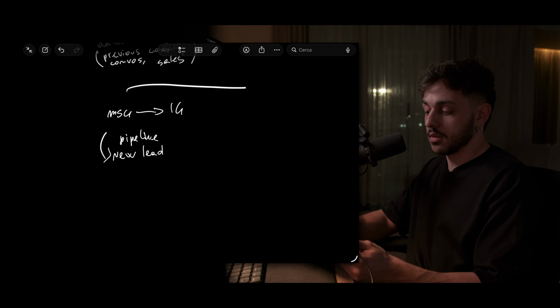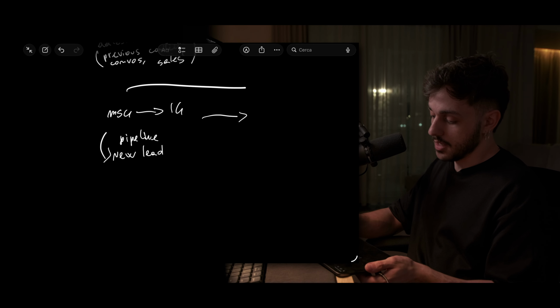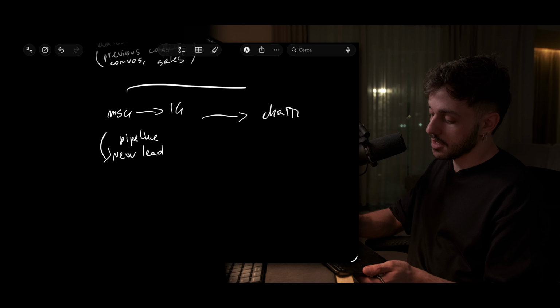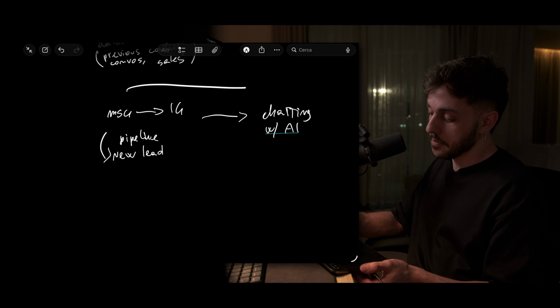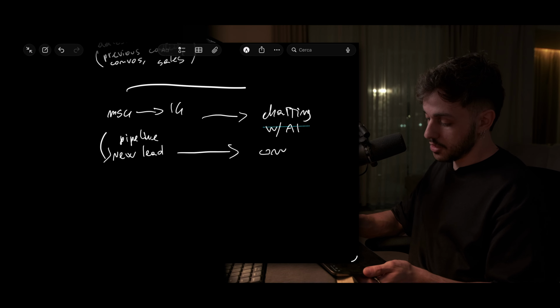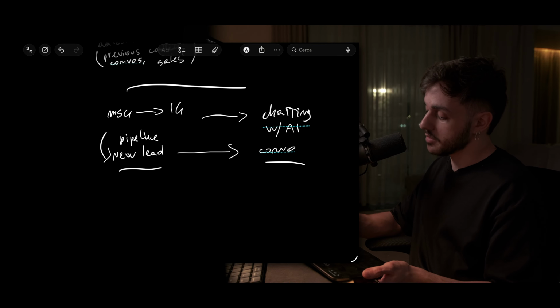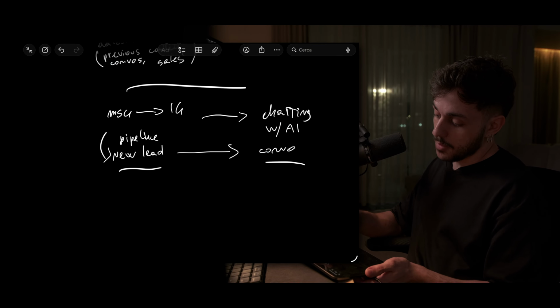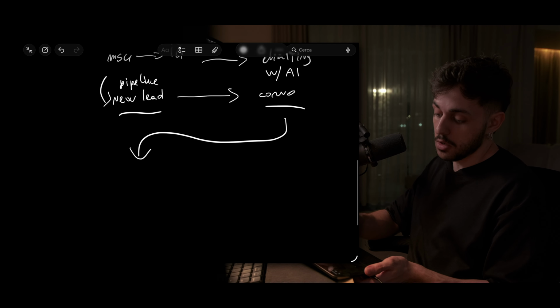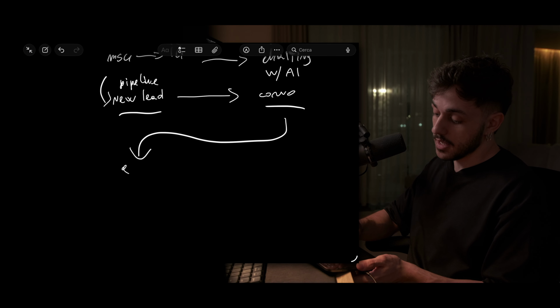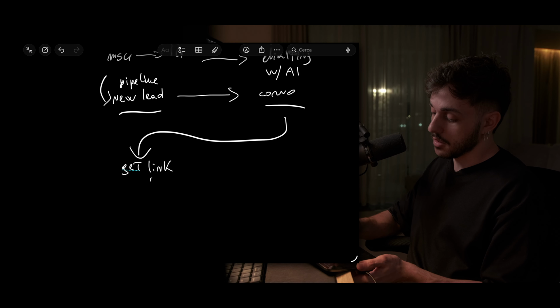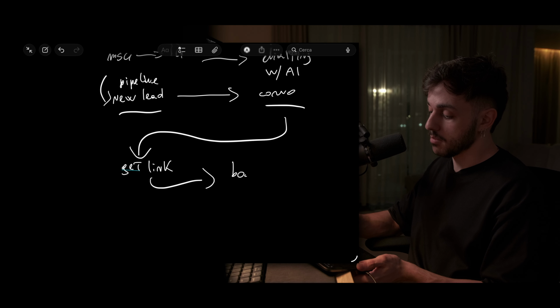Now, say this lead then goes forward in a conversation. Let's say it's chatting with the setter, just say chatting with the AI. Well, this stage has to move, right? It's now in a conversation. And you need to be able to know how many people are in a conversation, and then how many of these people actually get a link to book the call, and then how many of these people actually book the call.